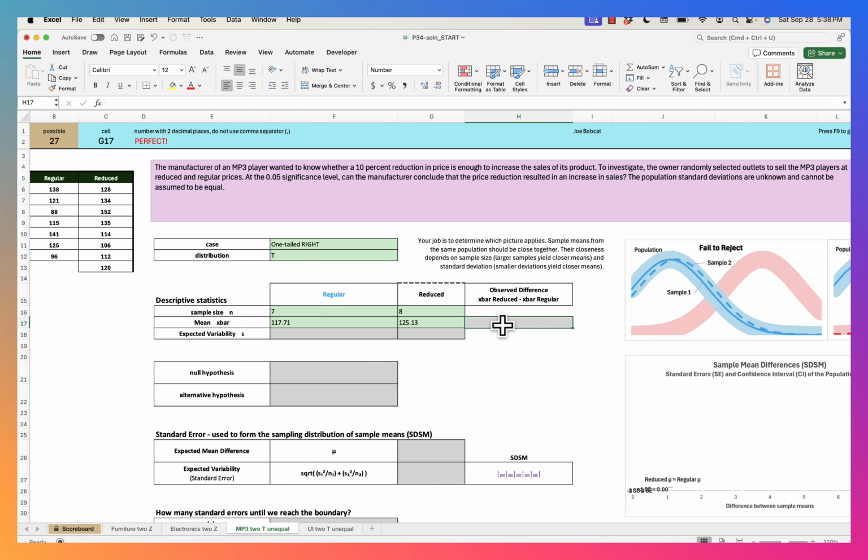And while we're here, just out of curiosity, let's go ahead and subtract the two. So 7.41. So we're trying to decide, is 7.41 a big deal, or does that fall within the range of expected variability? So let's look at what the expected variability is. So that's going to be standard deviation s because it's a sample.